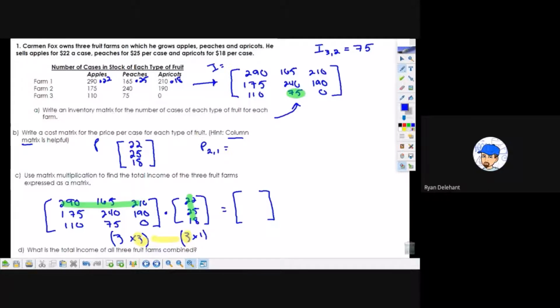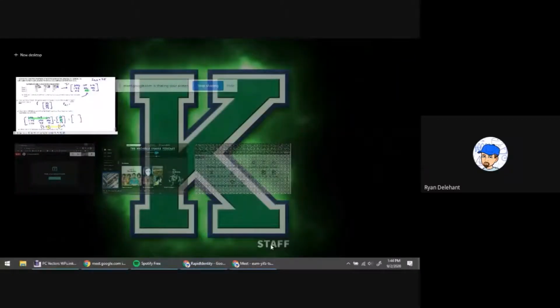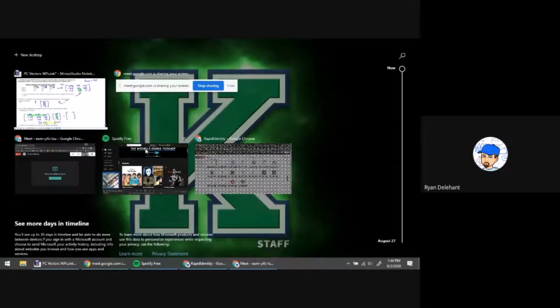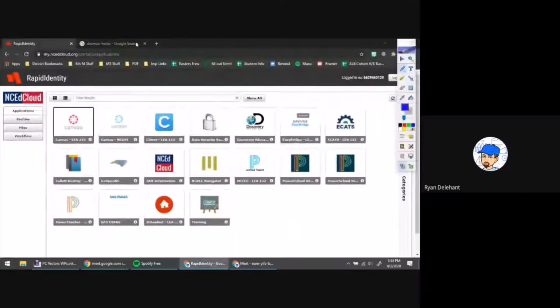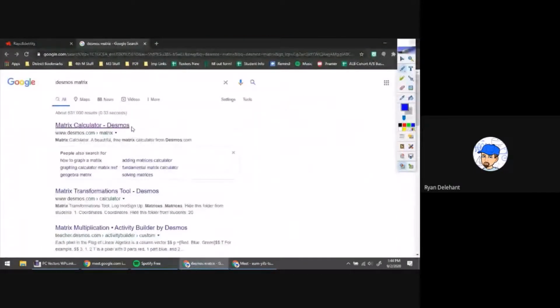Now for something like this, we say, well, why would I just multiply this and I'm going to have to add all these things up anyways and do it by hand? What does it save me not to just do this by hand if I have to do it by hand anyways, right? Well, that's where, when we set these up, matrices we use a lot in computers, but even more, we have a matrix calculator.